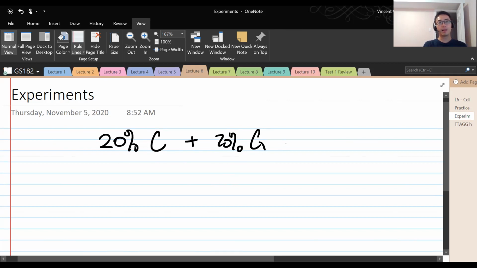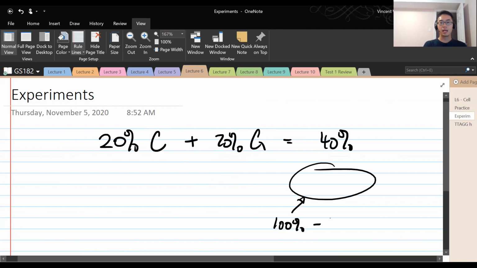And you're going to add them up. So it's going to be 40%. 20 plus 20 is 40%. And then the remaining number is going to be 100% minus whatever you had for the other two. So if C and G collectively is 40, the remaining nucleotides make up 60% of the total.